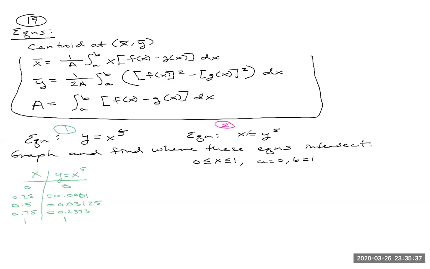Okay, so what we're going to do, we're going to plot that first. Let's try to make a straight line here because that was real ugly. Okay, so we have 0 up to 1, and then there would be our half, 0.25, 0.75.